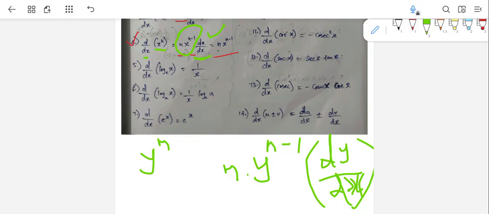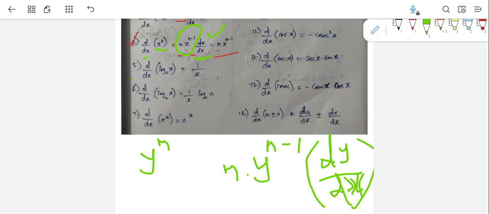If it is just a single variable like 3x, then with the help of the second and third formula you can do it, right? So this is why I am saying you should write the dx by dx every time, in every formula from here on. Even in the fifth formula, you can see differentiation of log x to the base e.